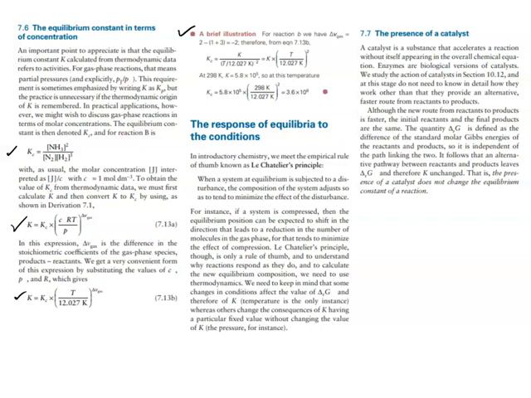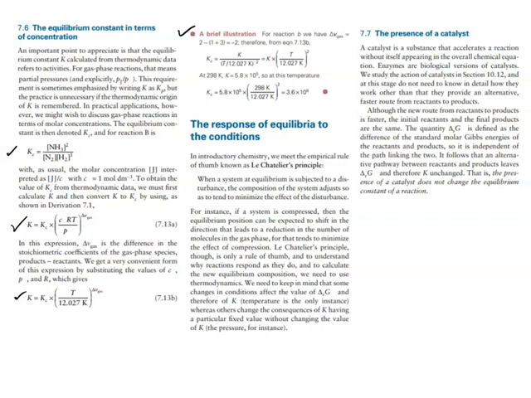So, the response of equilibria to conditions of reaction. In introductory chemistry, we learned the empirical rule of thumb known as Le Chatelier's principle. When a system at equilibrium is subjected to a disturbance, the composition of the system adjusts so as to tend to minimize the effect of that disturbance.